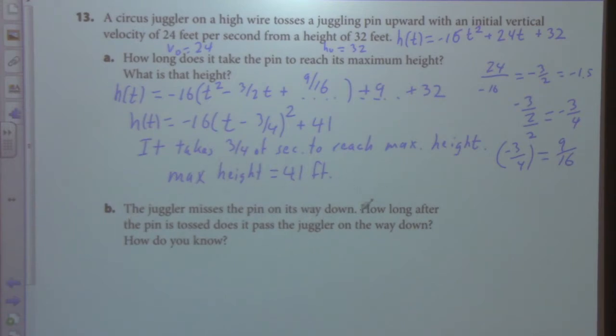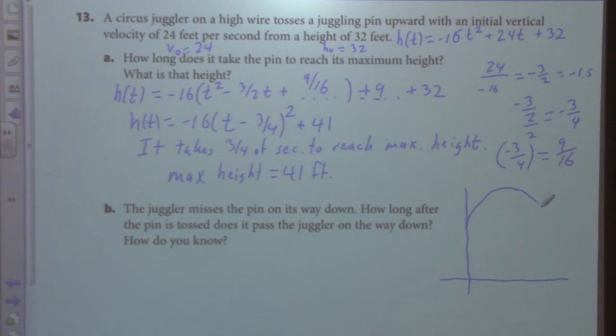So now the juggler misses the pin on the way down. On its way down, how long after the pin is thrown does it pass the juggler? Wouldn't it be the vertex?